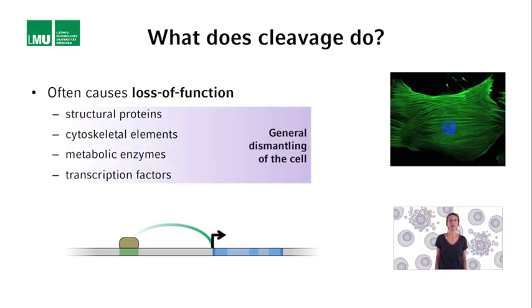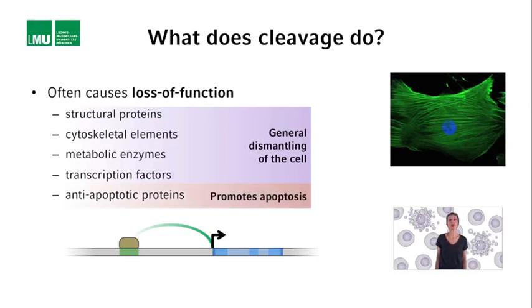Their cleavage contributes to the general dismantling of the cell. What also falls into this class are anti-apoptotic proteins, whose elimination through caspase cleavage allows a certain aspect of apoptosis to be activated. And I will talk about one example in a bit more detail in a moment, and that is the cleavage of the protein ICAD.